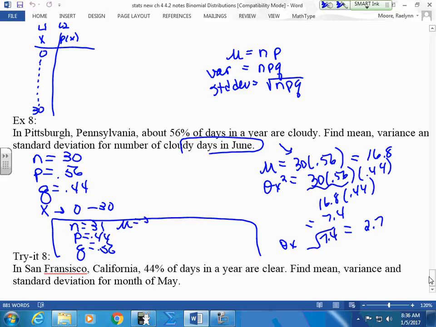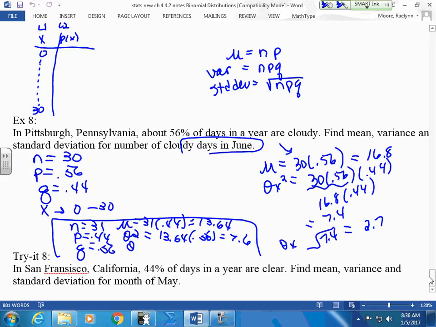So my mean has to be 31 times 0.44. 13.64 days on the average will be clear in a month. Not a very big percentage, is it? No. The variance, you can just take this guy, 13.64, and multiply it by your q, 0.56, and that's 7.6.